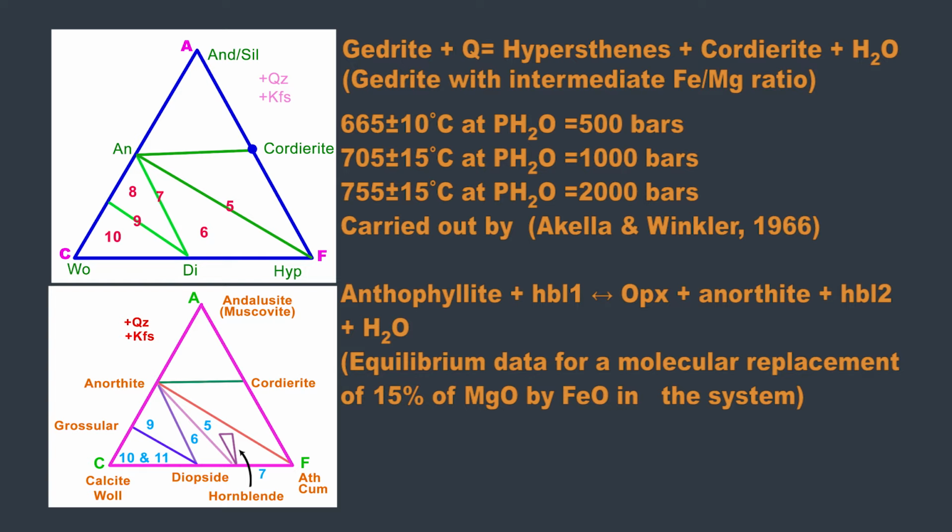Anthophyllite plus hornblende 1 gives rise to orthopyroxene plus anorthite plus hornblende 2 plus water.